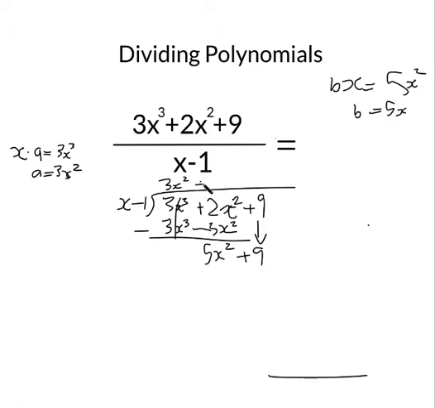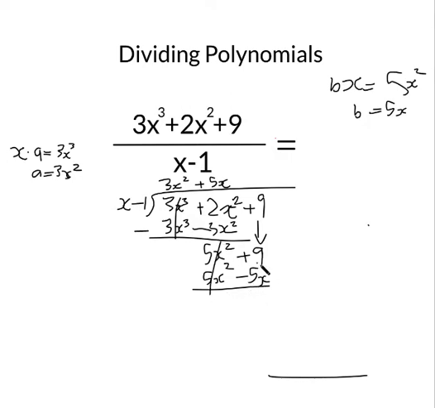So we add it up here. 5x times x is 5x squared. Negative 1 times 5x is negative 5x. So now all we have is 9 minus 5x.